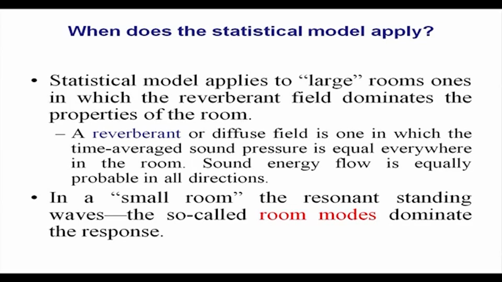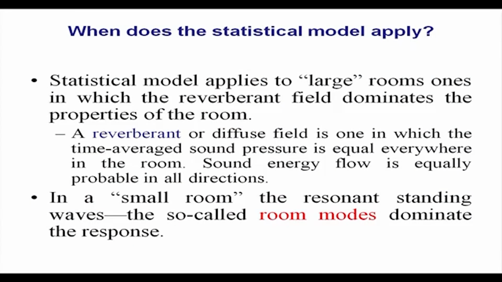We said that RT60 is derived when the statistical model is applied. Do not skip the slides, let us discuss. In the statistical model, if the room has enough number of reflections, it is statistically valid that for any point the number of reflections will be equal in the room, and it creates a diffuse sound field.